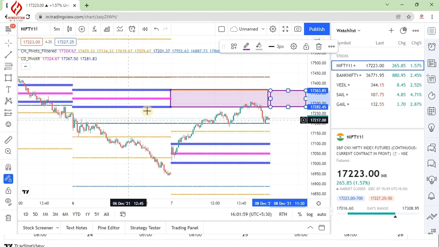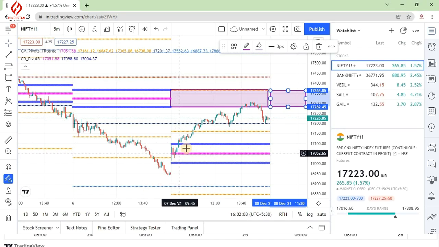Here the market is looking bullish, and suppose you have taken a long trade here, right? So where should you book your profit? You should book your profit once price comes near the virgin CPR, because virgin CPR works as a strong resistance here. And definitely the price will reverse, so that's the reason you should book your profit here, right? That is the beauty of virgin CPR. That is how you can take trade based on virgin CPR.